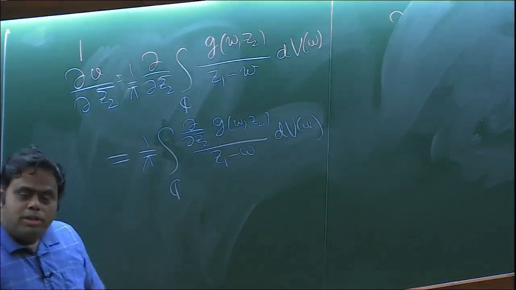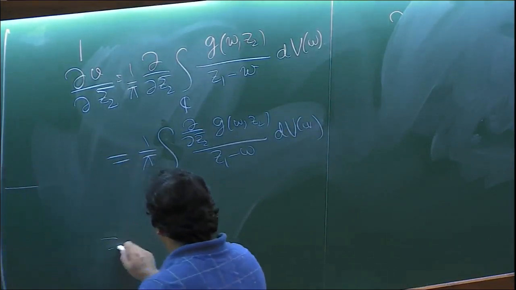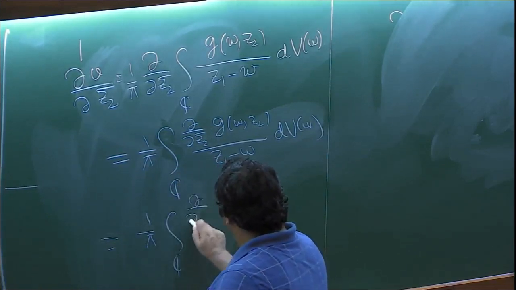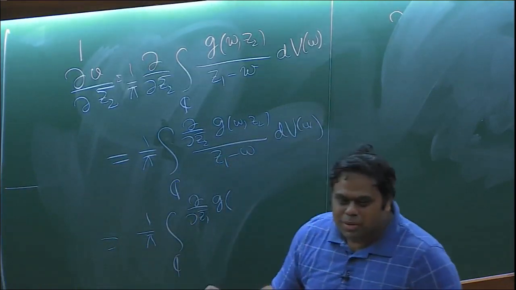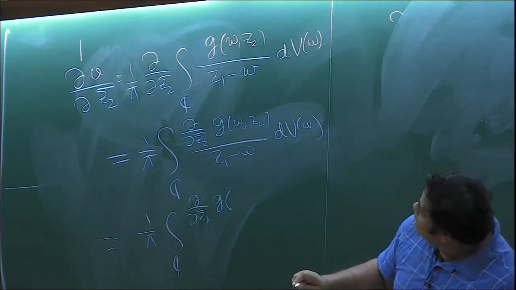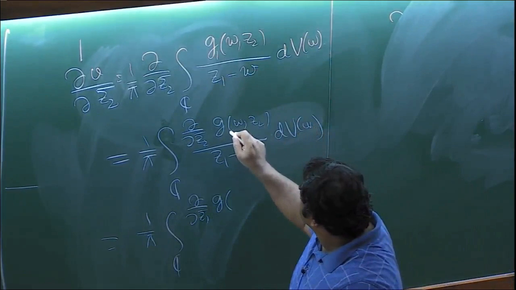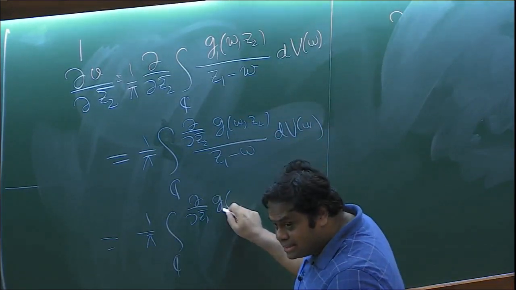But what do I know about this? I think this is the punchline. This is 1 over pi integral over C of d over dz1 bar of g, and the subscripts, the top one is g1 and this one here is g2.